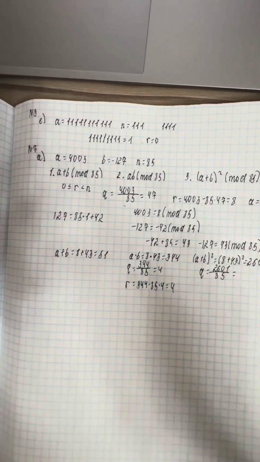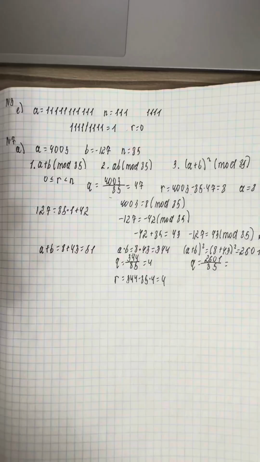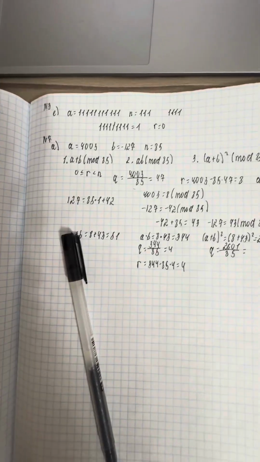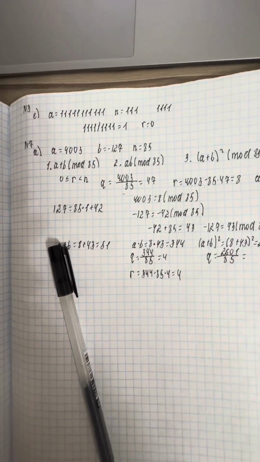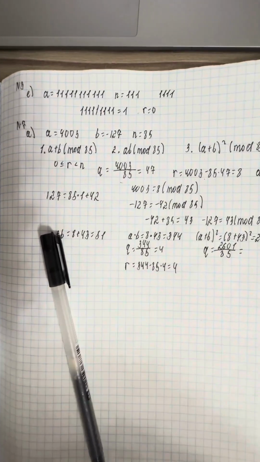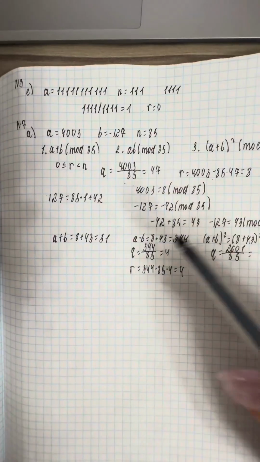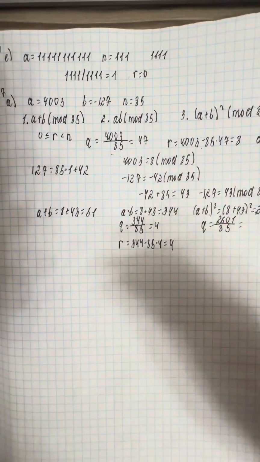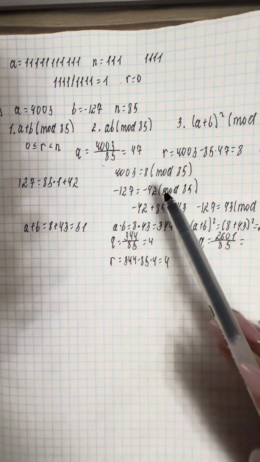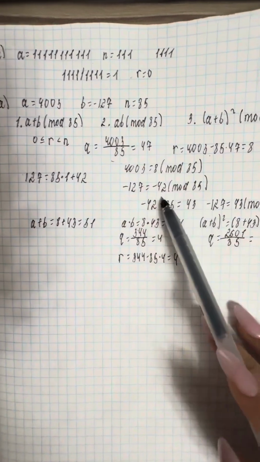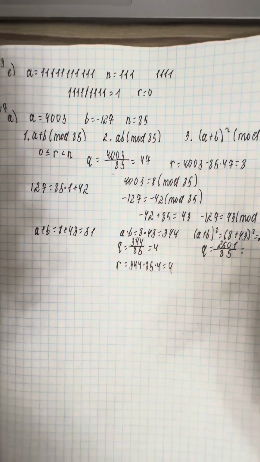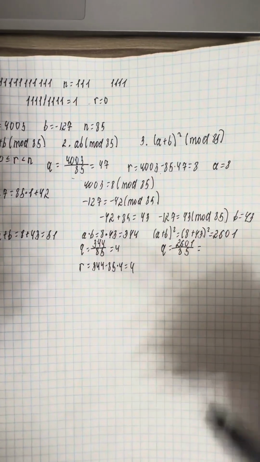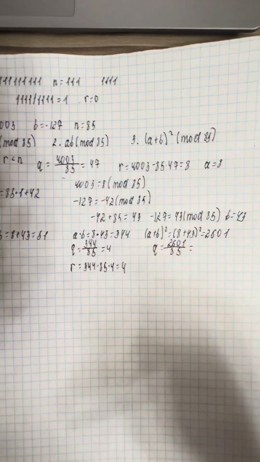And after this, reduce B modulo 85. Because B is negative, our remainder is negative 42, because Q equal to negative 2 when we divide it by N. And to make our remainder positive, we add N to the remainder, and negative 42 plus 85 equal to 43, and our remainder equal to 43, so B is also 43.